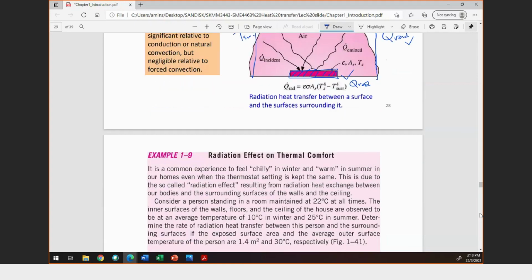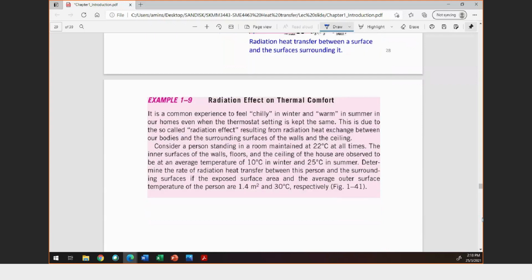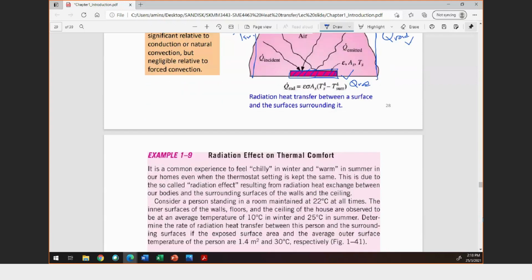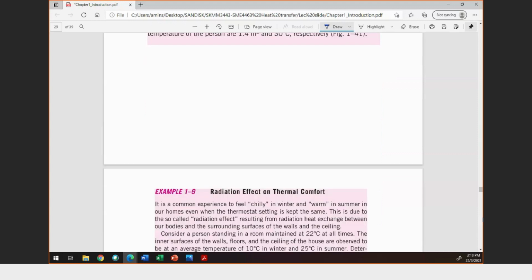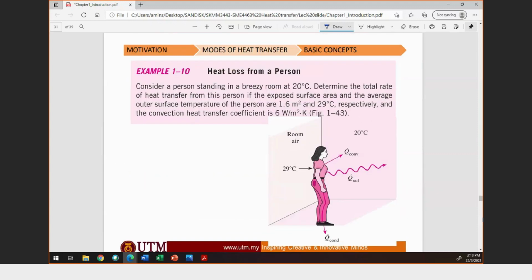Let's do some examples related to radiation as well as convection. I want to skip this one. Heat loss from a person. If you have a textbook, go to this example 1-10, or use the ebook that someone shared.